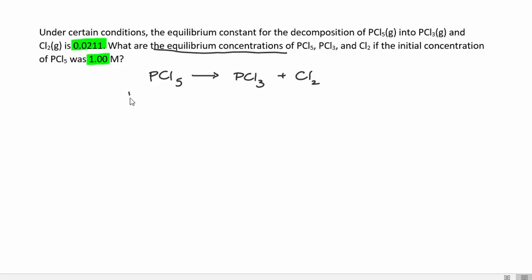So what I'm going to do is set this up so I have my change in my equilibrium. The initial concentration here is 1 molar. The change is going to be some value x that I do not know. Then we can set up the equilibrium. So I have my 1 minus x, my x, my x.